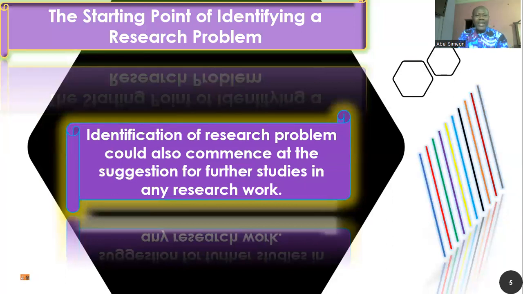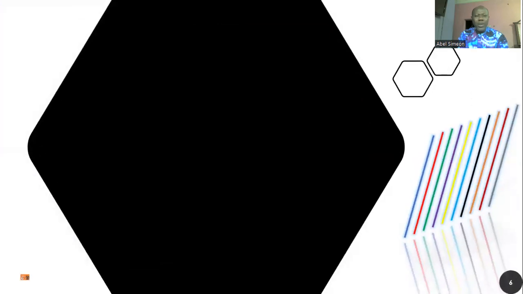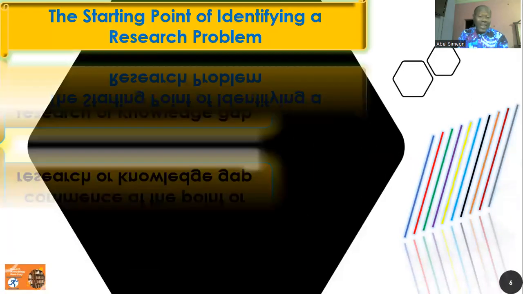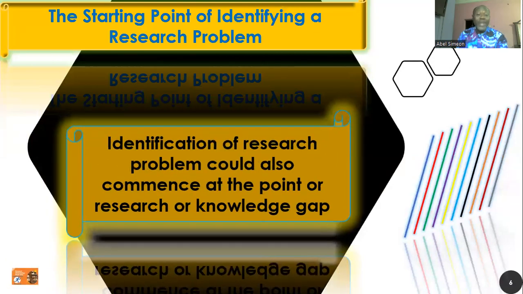And then finally, how to recognize a researchable problem is by your own self. When you read the work of the person and then you see a knowledge gap or a research gap, that gap is a research problem.